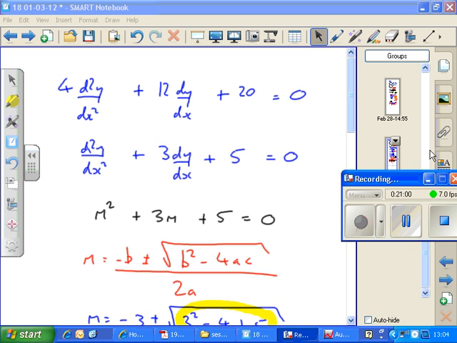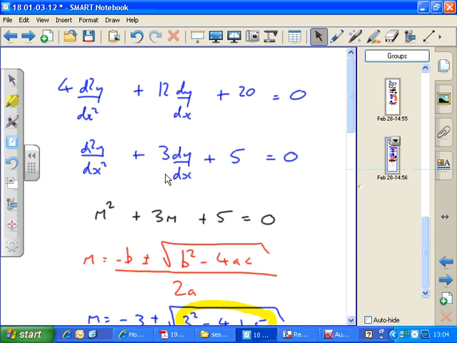Okay, so this example 3 then looks like this. So if I divide both sides by 4, I get this as my differential equation. And then m squared plus 3m plus 5 equals 0 is the auxiliary equation.